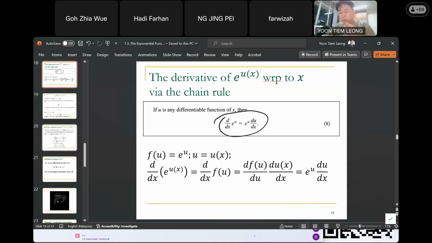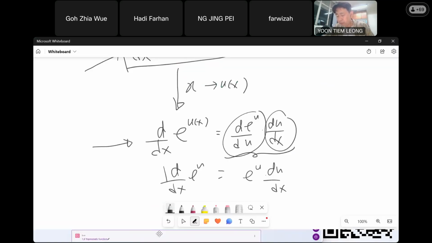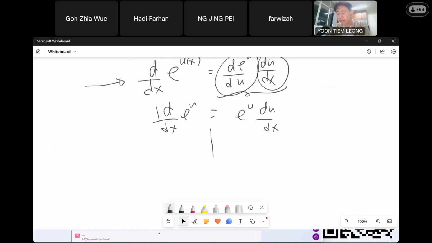Now, why do we need this result? The reason we need this result is because we want to know what the indefinite integral of e to the power u is.